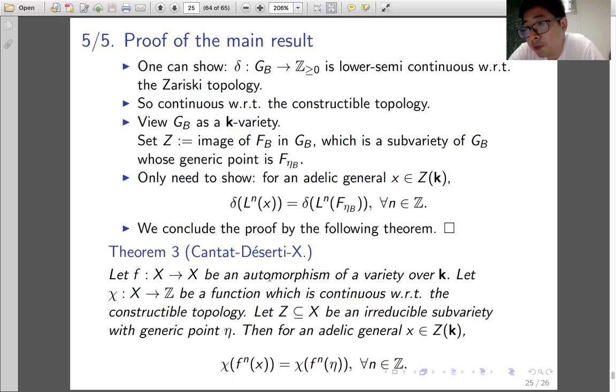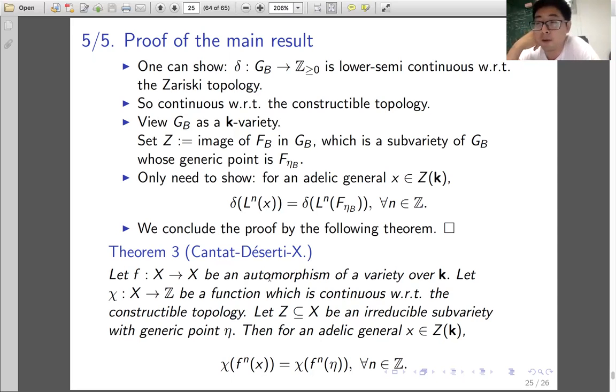The entropy of this map f as an automorphism of a variety, and of this f as a continuous function on the adelic topology. You mean for the adelic topology, compute the entropy of the automorphism, right? Yeah, so are they the same? I think that this is strange.